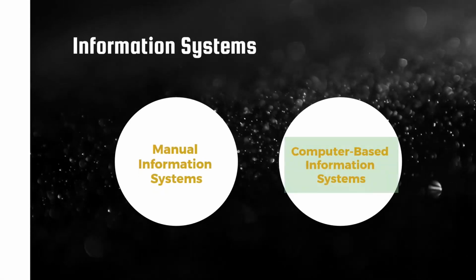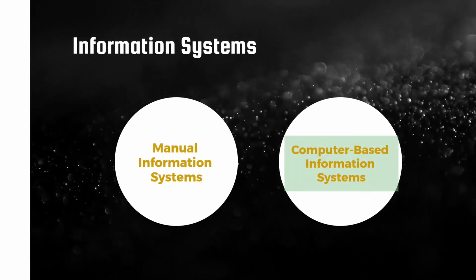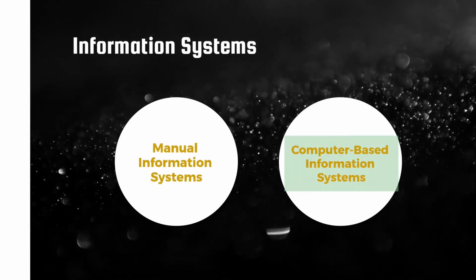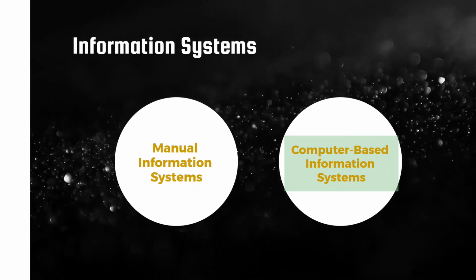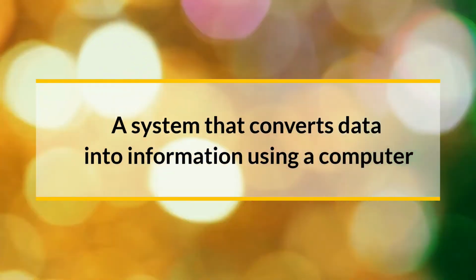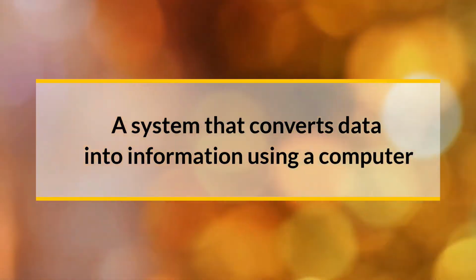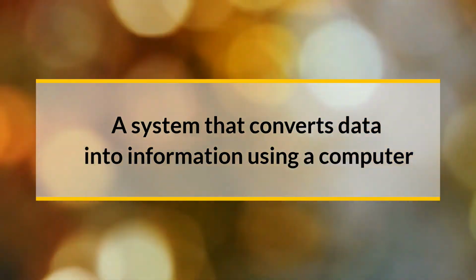The second category of information systems is computer-based information systems. That is a system that converts data into information using a computer.